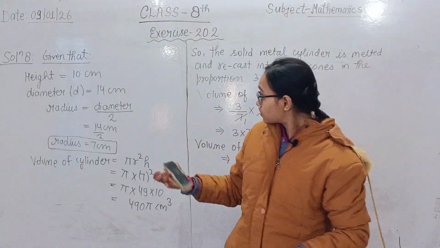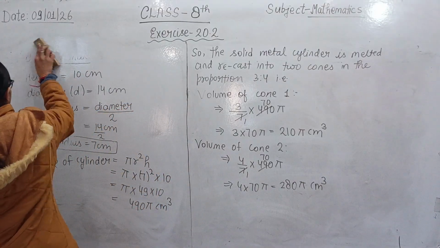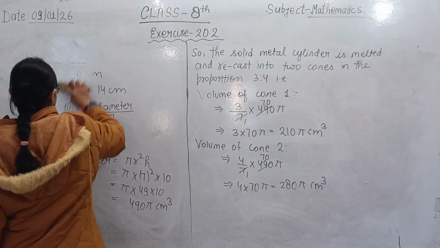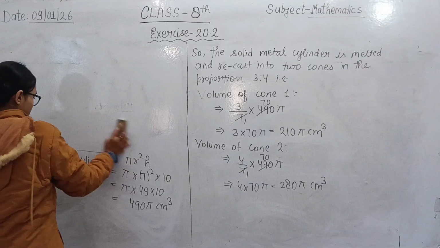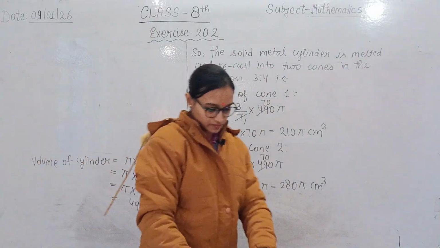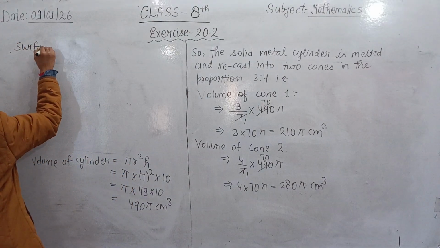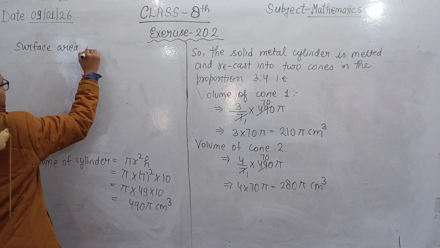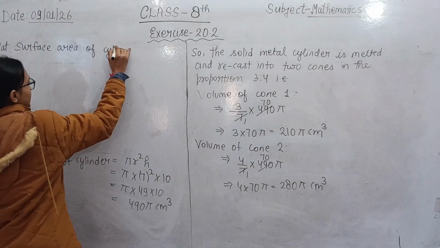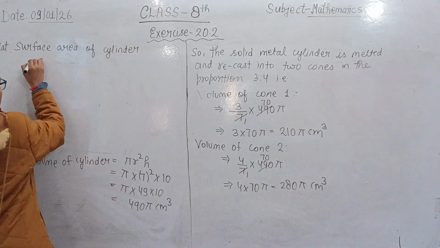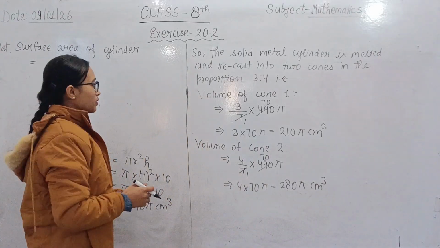So, flat surface area of cylinder will be the two circular plates before.